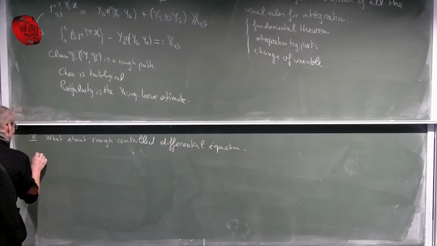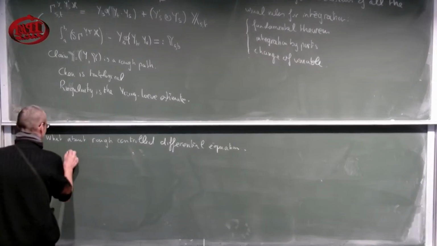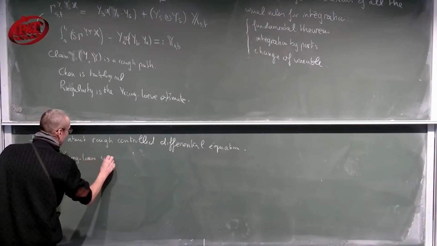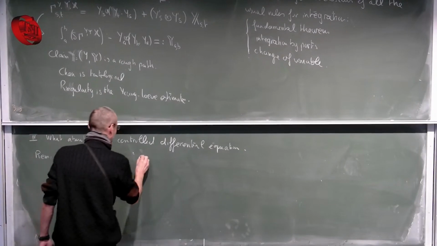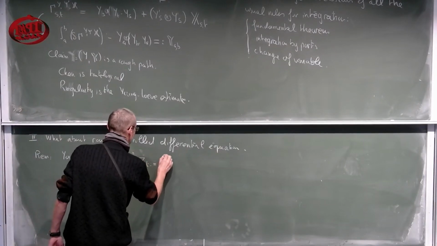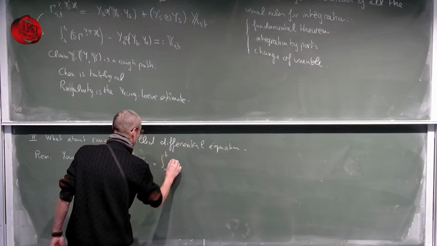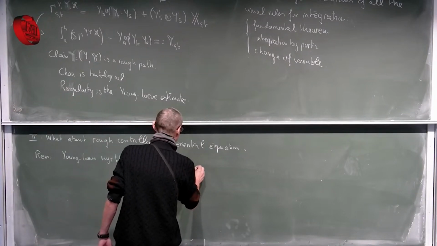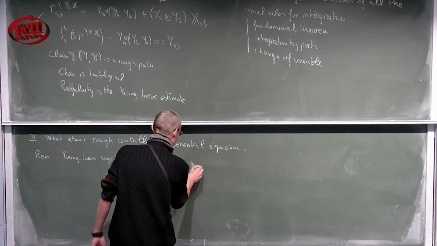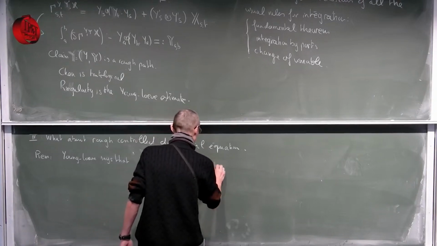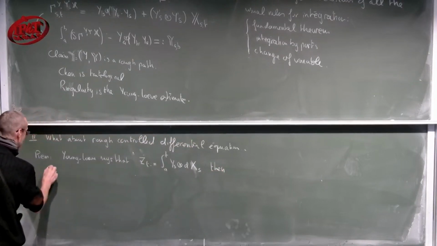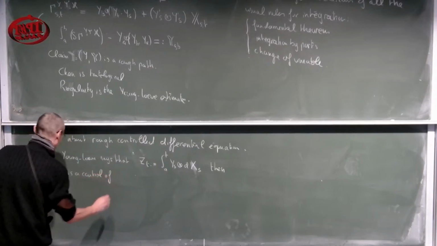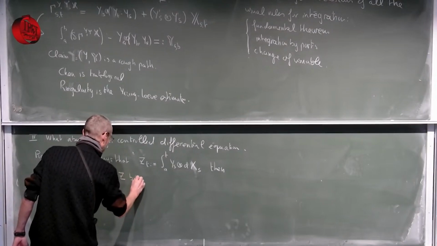And the remark, there is a basic remark, which is that Young-Love says that if I define z_t to be equal to the integral from a to t of y_s tensor dx_s, then z is controlled by x.